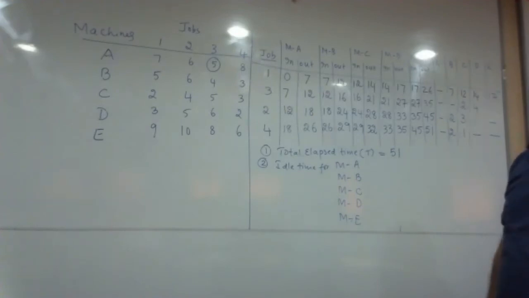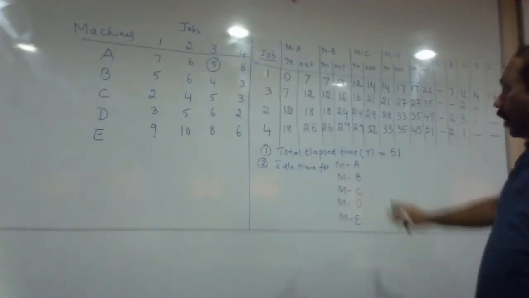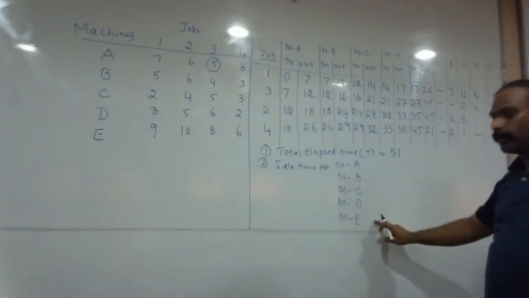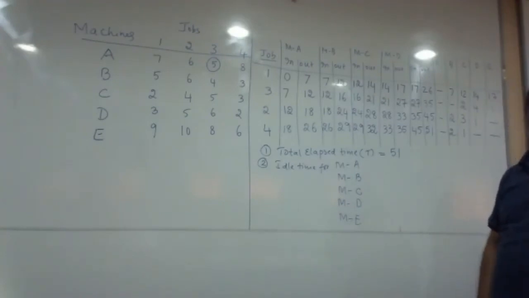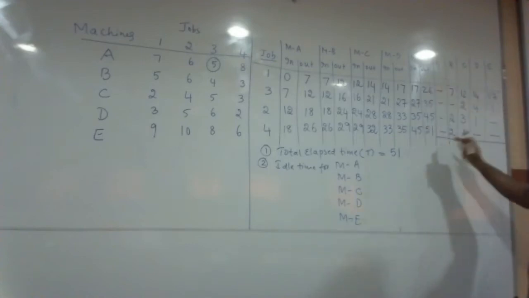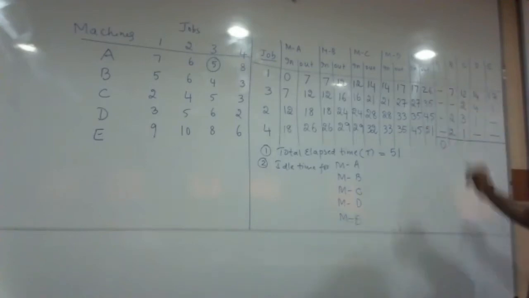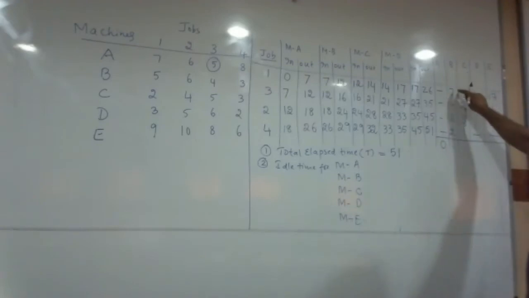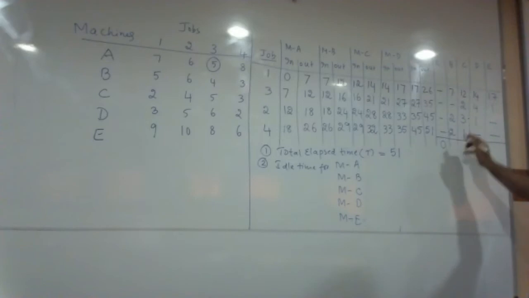Simple. Now, how do we calculate the idle time for all the 5 machines? That's the next question. Very simple. You are supposed to find the total of all these columns first. If you take machine A, the idle time is 0. There is no idle time at all. For machine B, 7 plus 2, 9, 9 plus 2, 11.